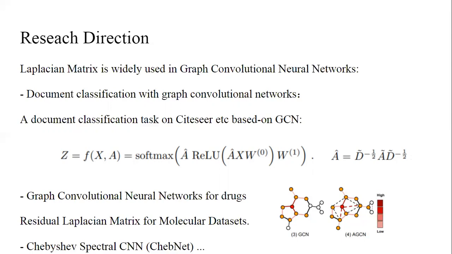First, it can be used in document classification with graph convolutional networks. As can be seen in the formula, in a graph of a citation network, A here is the Laplacian matrix, and the result of classification is just given by the multiplication of A and several other components.